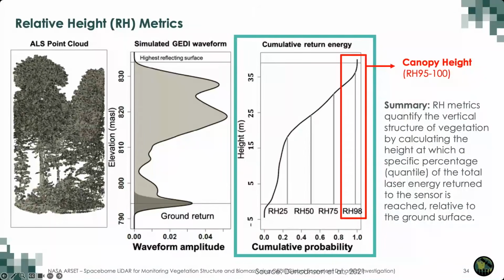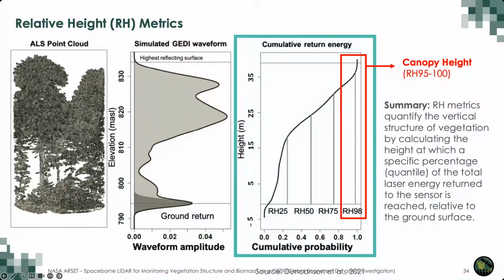Now we are seeing a third plot which shows the cumulative energy returned at each height as a percentage of the total energy of the waveform. So this is called the cumulative return energy profile, with percentages converted to cumulative probabilities that range from 0 to 1.